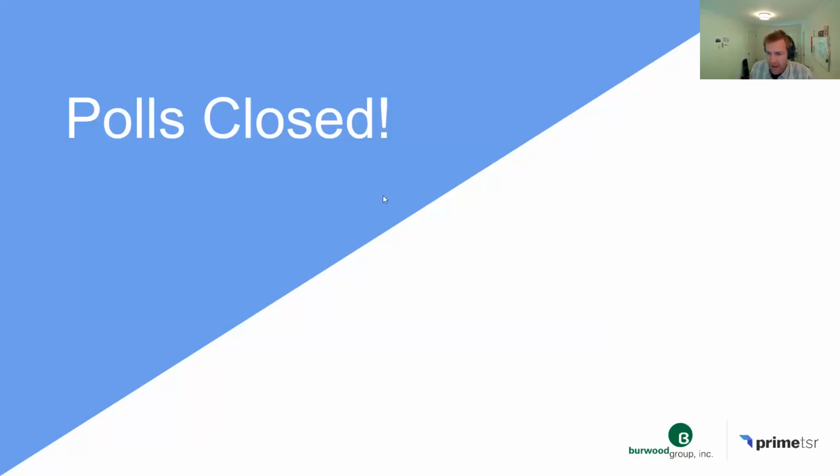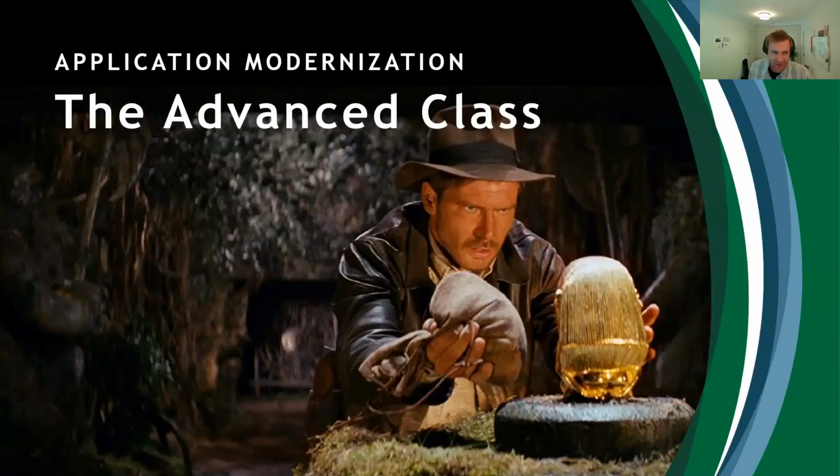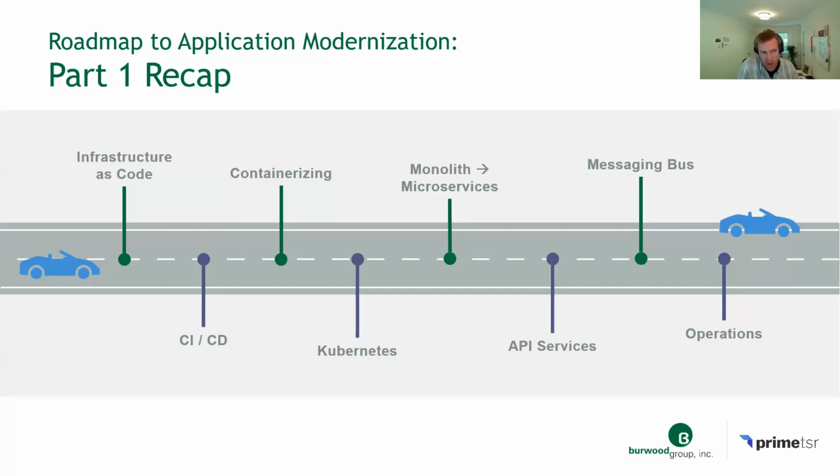So keep any questions or comments coming as we go through this. But let's get started with application modernization and moving into the advanced class. To recap quickly, in the last session we talked about infrastructure as code, CI/CD, containerizing, and Kubernetes, so getting these building blocks in place. Then we started digging deeper into how you actually start modernizing your applications now that you've got your building blocks in place.